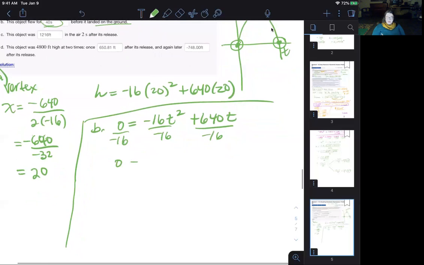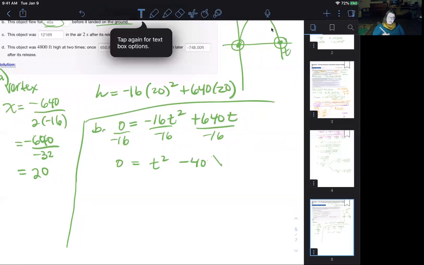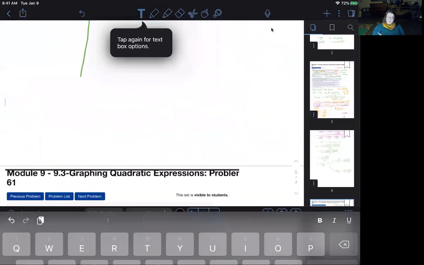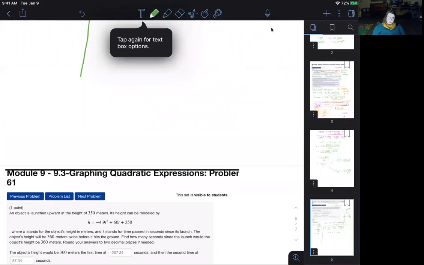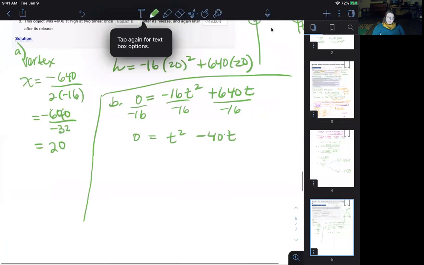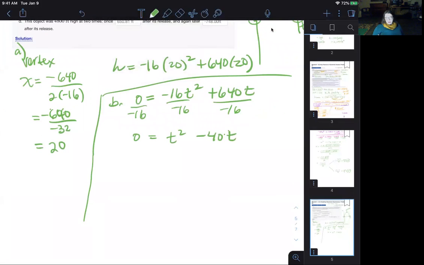So I have 0 equals t squared, and then 640 divided by 16 is going to be negative 40t. It just makes it so that the numbers you're using in the quadratic formula are a little bit simpler.